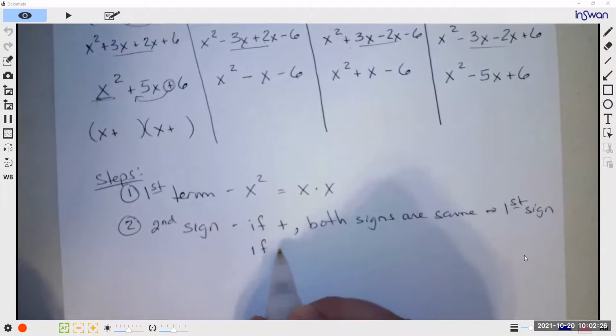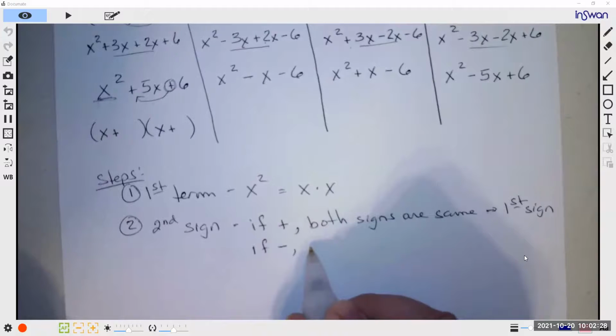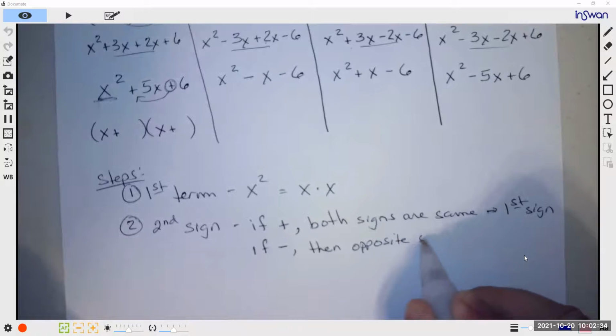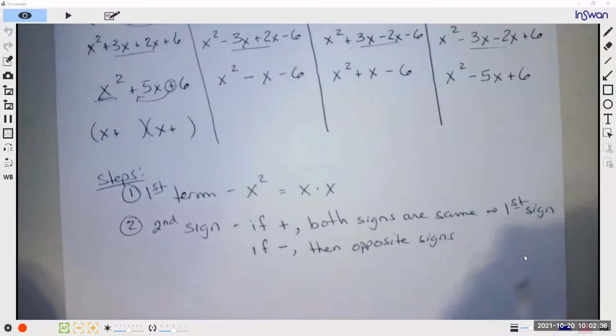If the second sign is negative, then opposite signs. One's a positive, one's a negative.